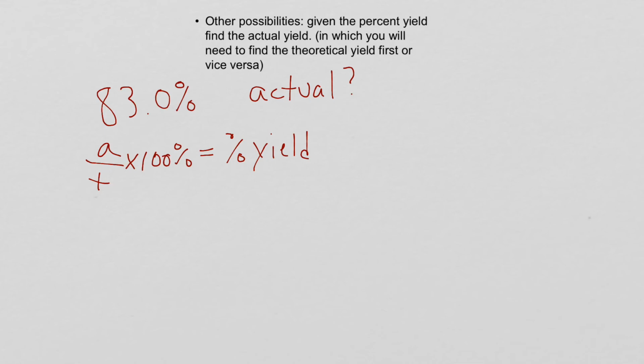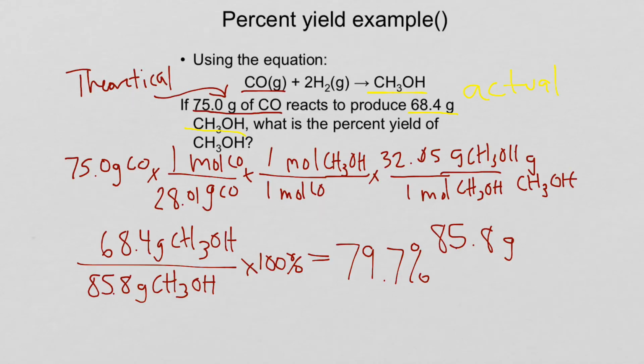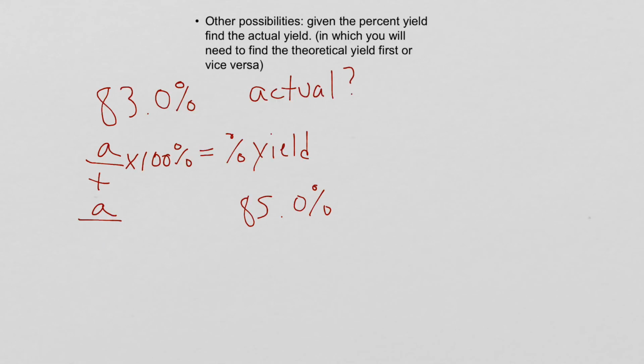So if I substitute my values in, 85.0%, my actual is what I'm trying to find, that's my variable. My theoretical I had here at 85.8 grams, and then I have my times 100%. So we're solving for the one variable here.